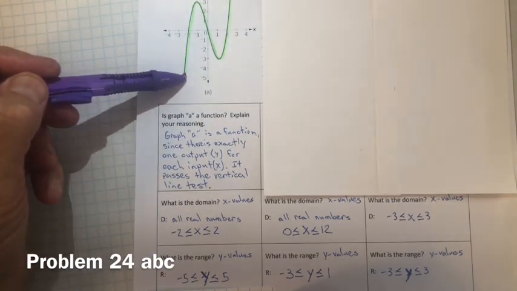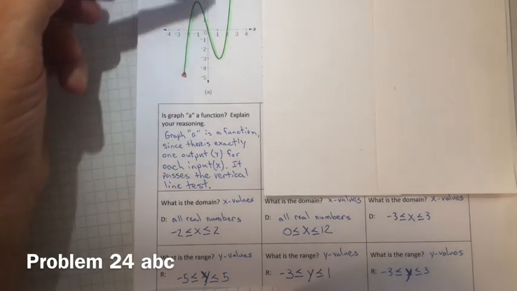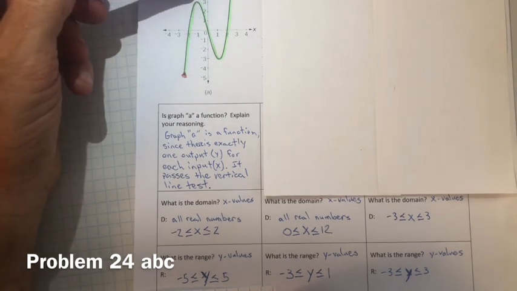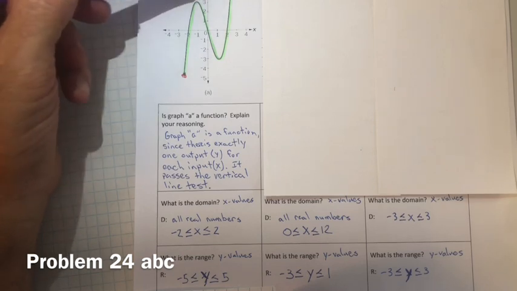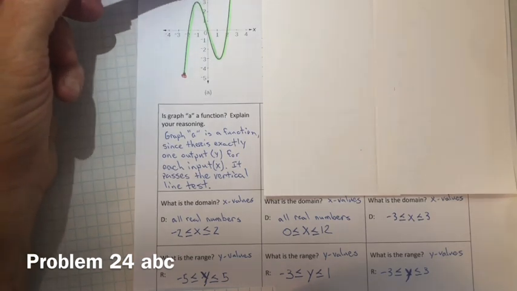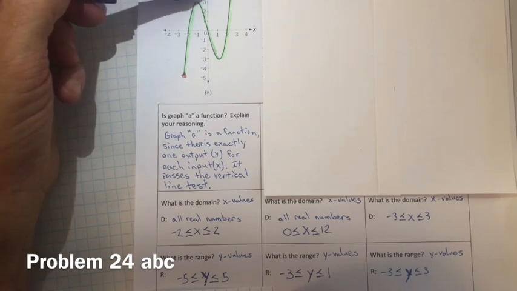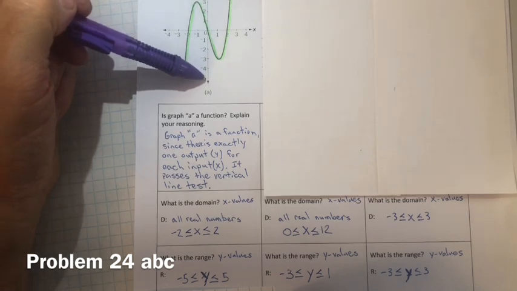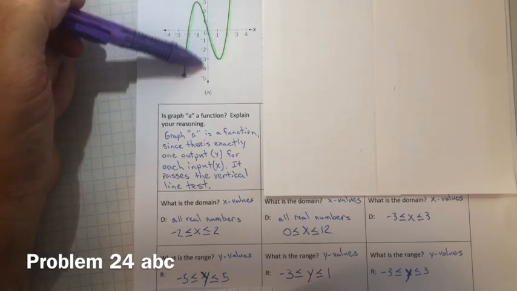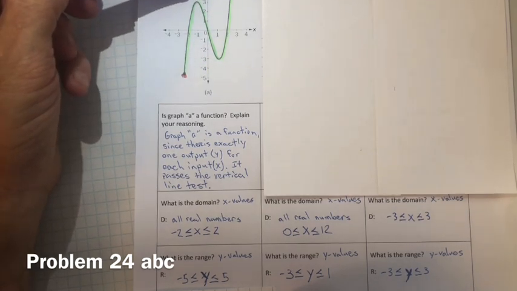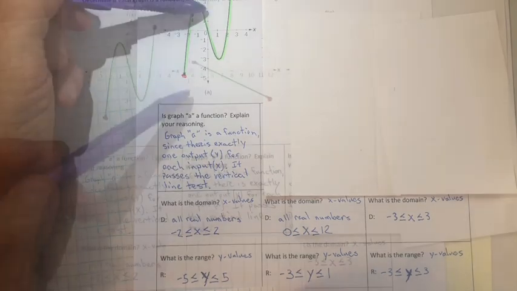This is where there's nothing less than -5. And then our range is going to be y is less than or equal to 5, because it goes to 5, but it doesn't go past 5. So our range are all the numbers between greater than or equal to -5 all the way to less than or equal to +5.